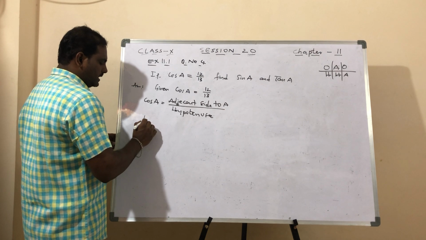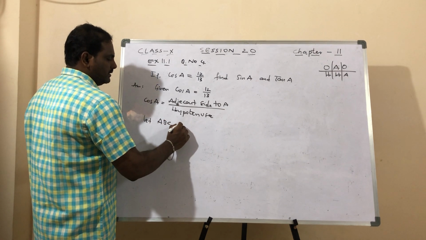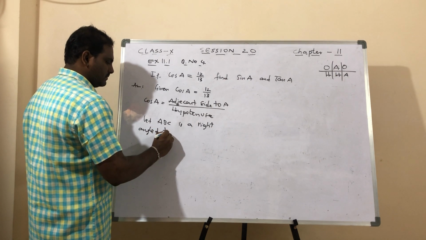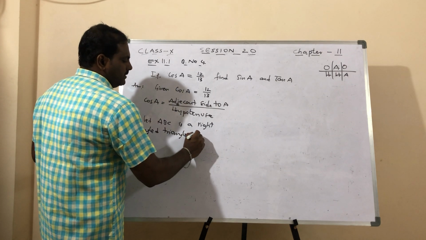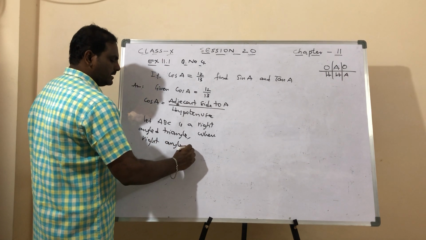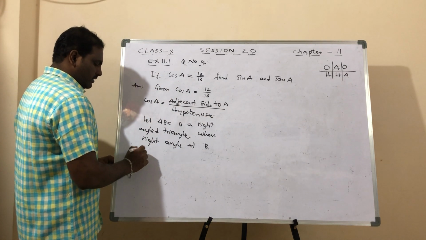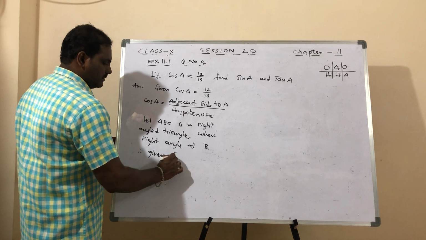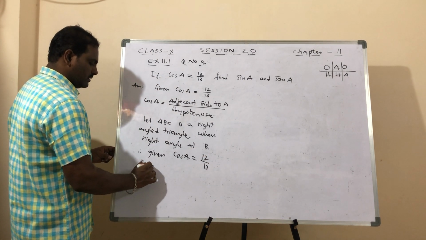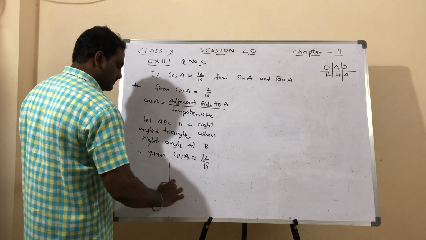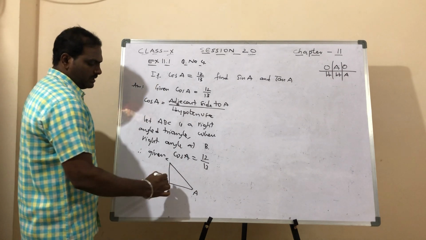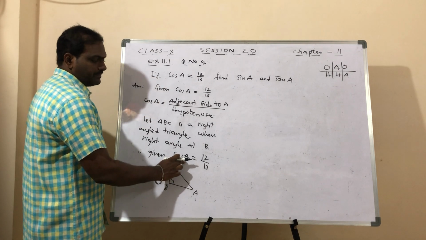Now let ABC be a right angle triangle where the right angle is at B. Given cos A is equal to 12 by 13, representing it through a diagram, I can write a right angle triangle, and this is A, this is B, and this is C, and the right angle is at B. Therefore cos A is adjacent by hypotenuse.